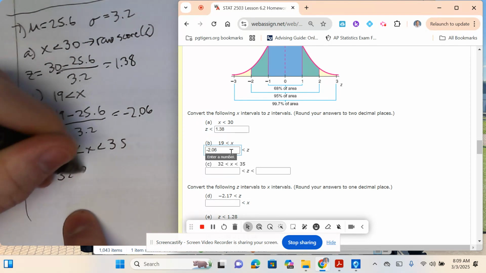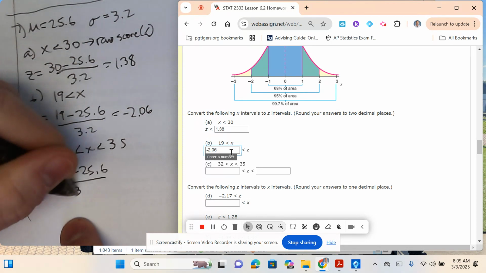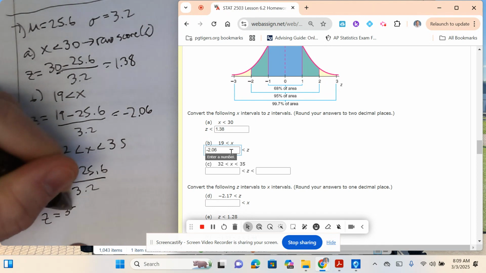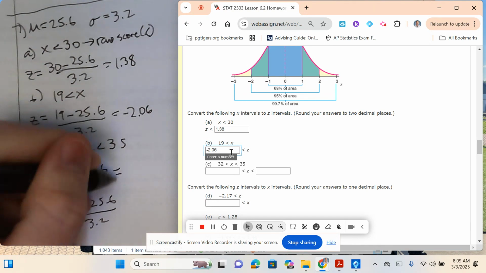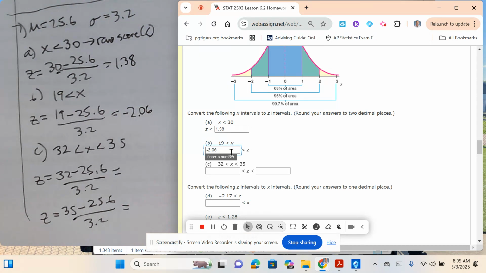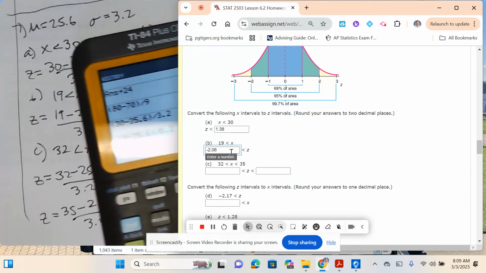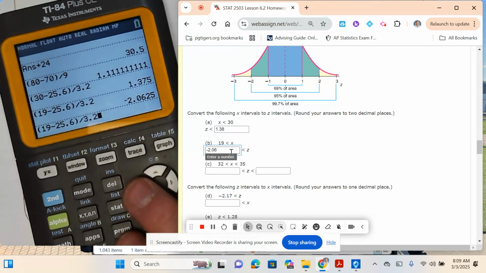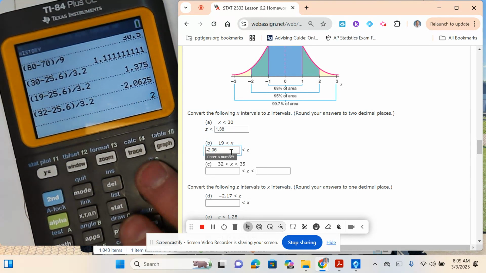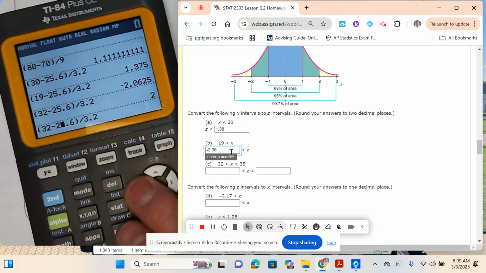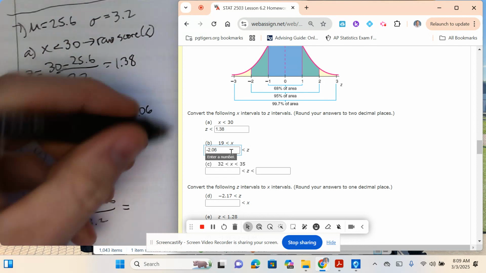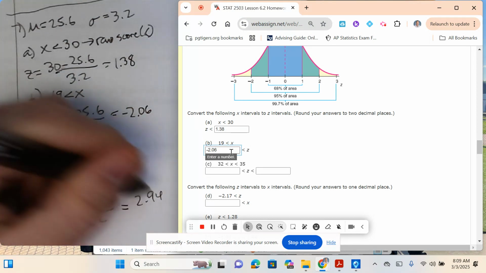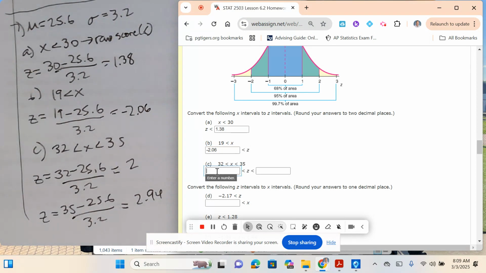So 32 minus 25.6 divided by 3.2, and 35 minus 25.6 divided by 3.2. I can go back up here, grab this, press enter. So 32 and 35 give 2 and 2.94.